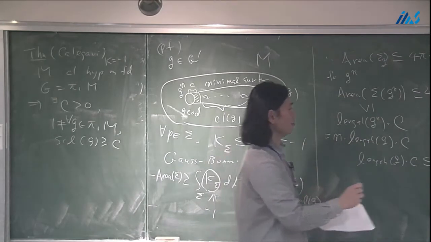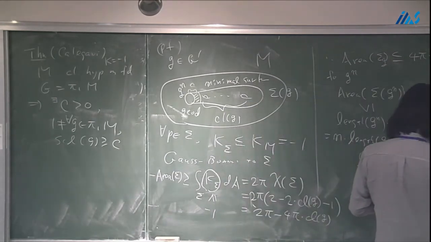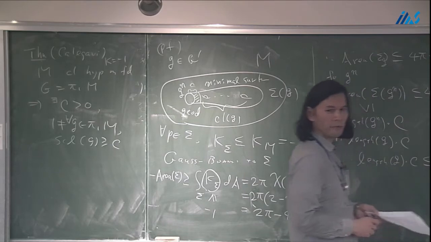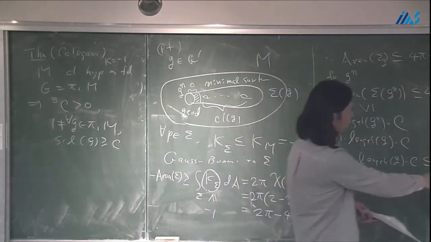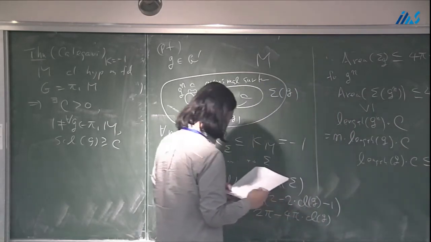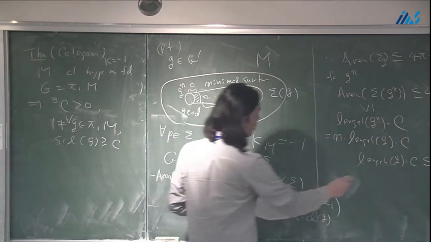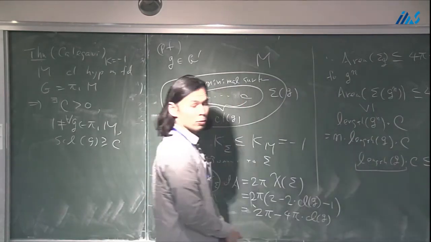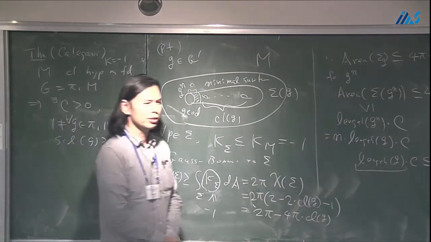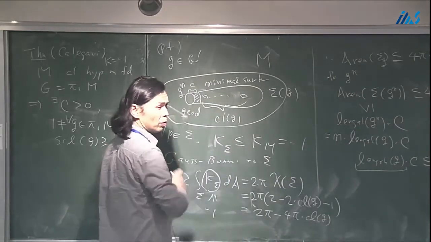So I go to the limit. It converges to 4 pi times the stable commutator length of G, by definition, because cl of G to the n divided by n goes to the limit. But this one is the length of a closed geodesic for G. There is a lower bound by some injectivity radius because it's a closed manifold.